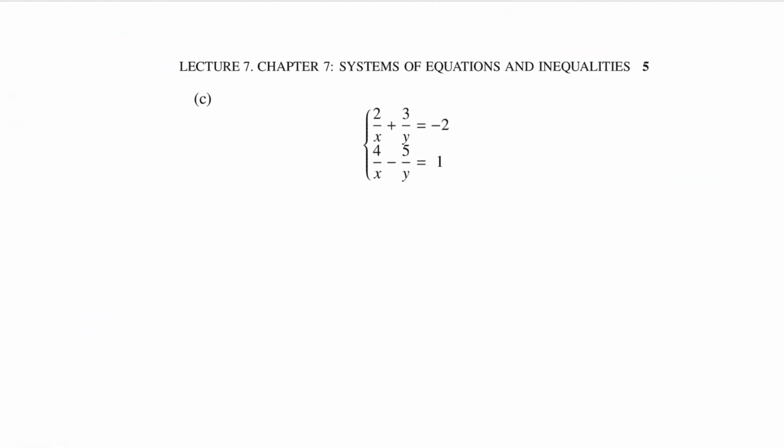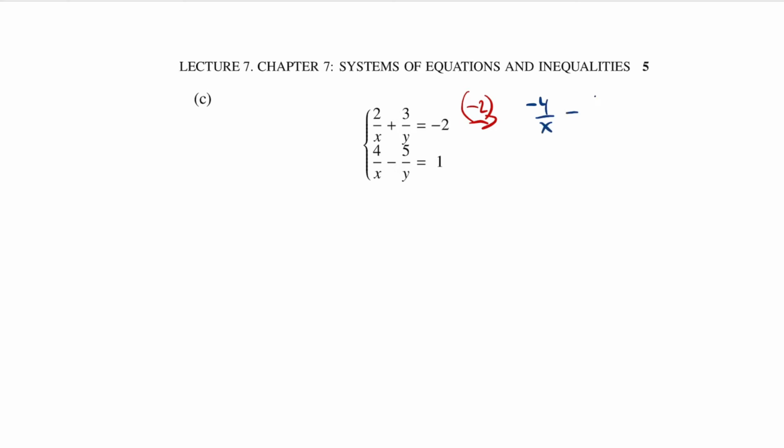All right, the next problem is another system. This time these equations look different because there's fractions or rational expressions involved, but it works exactly the same way. Let's eliminate the x's because we can make this a -4 if we multiply by -2. When you multiply by -2, you're only multiplying the numerators, not the denominators.